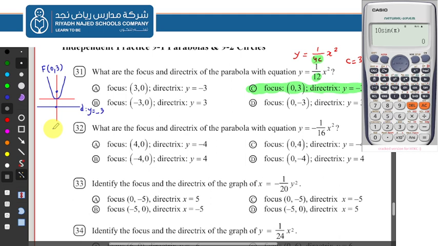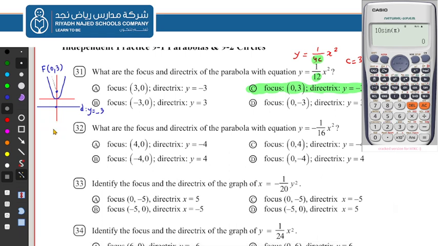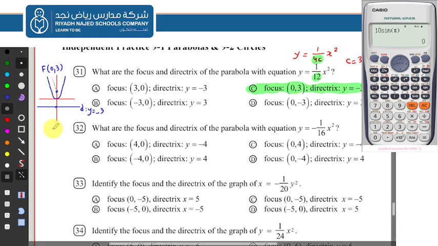This is F. Next question you can practice is very similar. The only thing is that this is also a vertical parabola, but it is opening down. So the focus, I will correct it. Anyway, if you want, you can pause the video, but I will correct it. It is a bit different, but not too much.